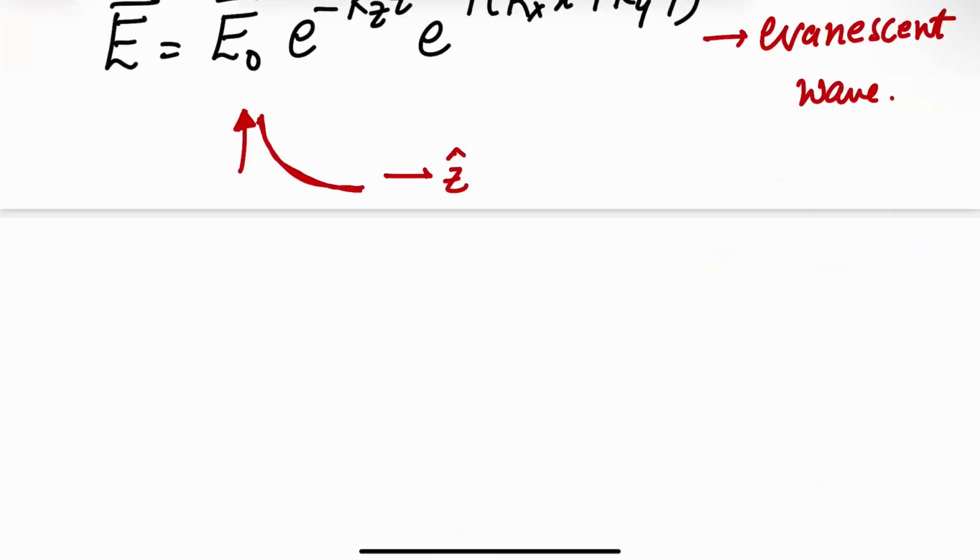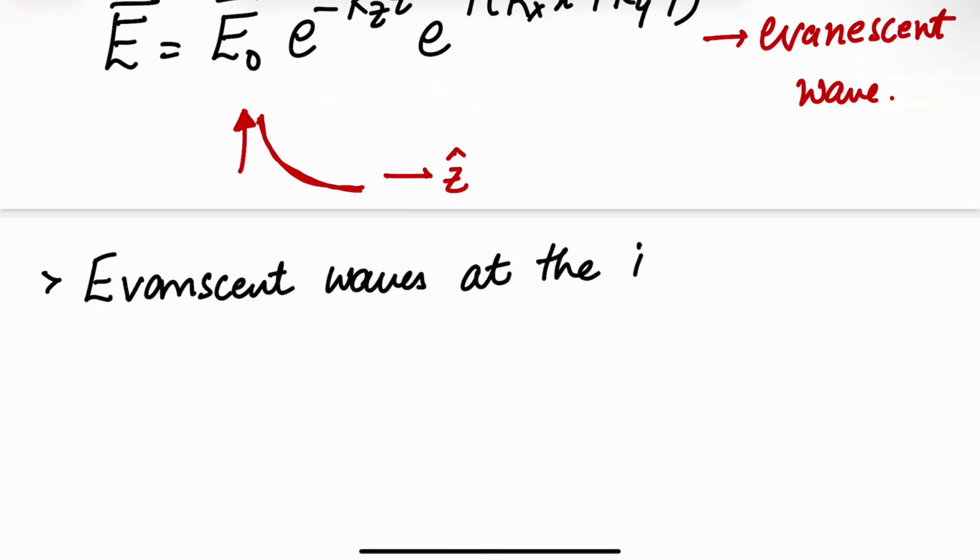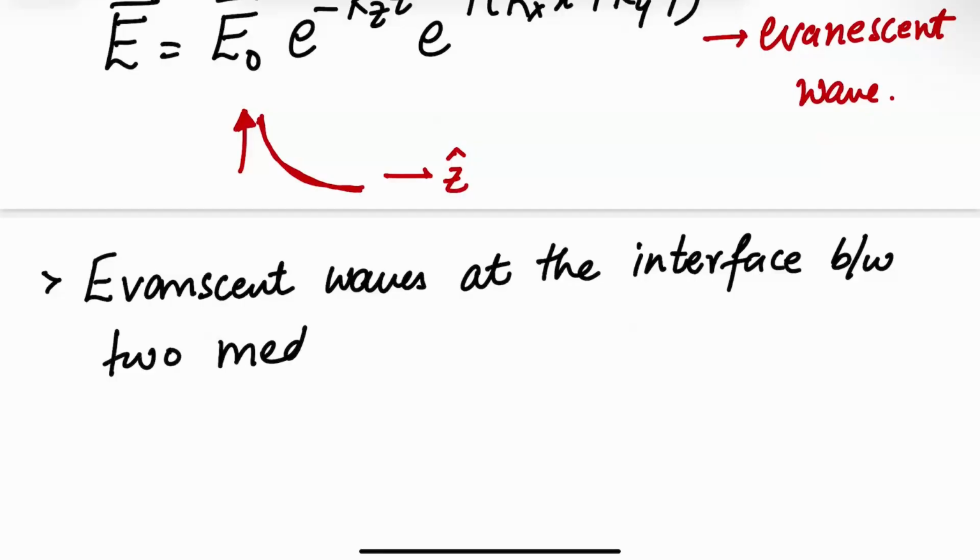Okay, so when you have evanescent waves propagating at the interface between two media, they become surface waves. Sometimes they're called surface waves.